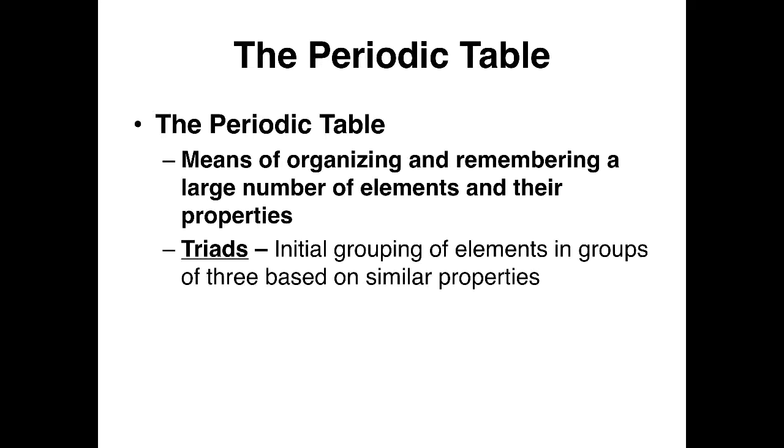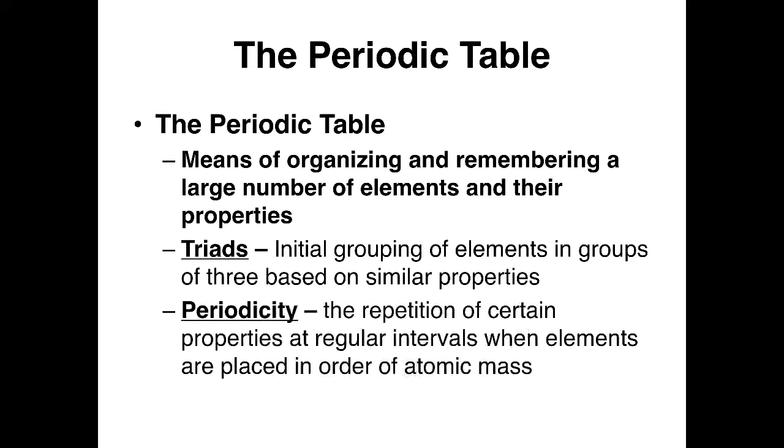Now, initially, elements were grouped together. This was over 100 years ago, in something known as triads. And triads were groupings of 3 that were based on similar properties. Fairly quickly, as time passed, it was found that these triads just didn't work in terms of prediction. However, there was noted what was called periodicity.